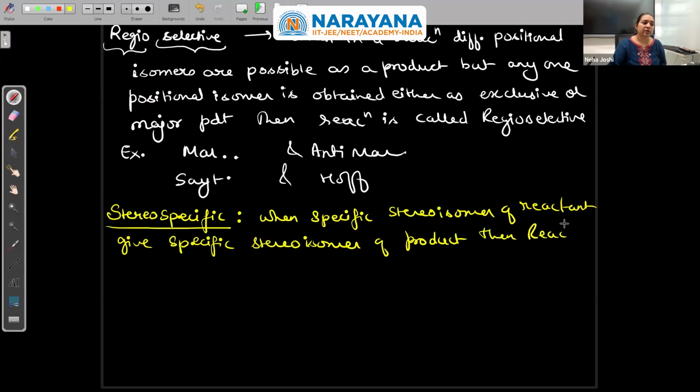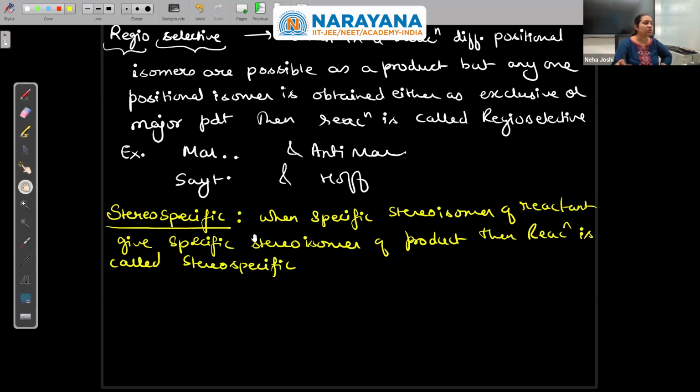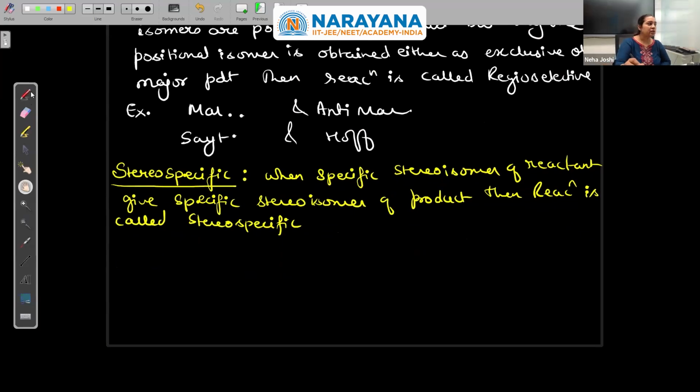Then the reaction is called stereospecific. Here the compulsion is that the reactant should also have stereoisomers.